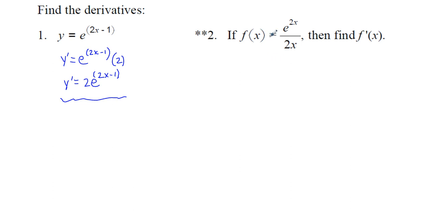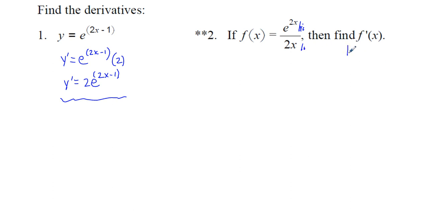Problem number 2, if f of x equals e to the power of 2x over 2x, then find f prime of x. And I hope you are able to recognize that this is the quotient of two functions. So we can call this one up here high, and the one down here low.